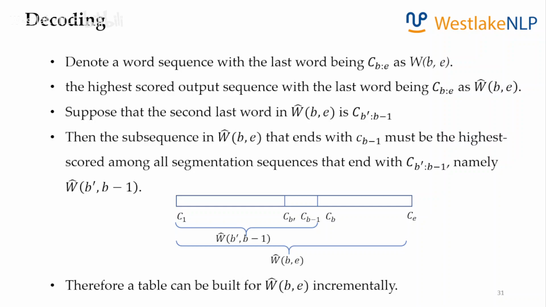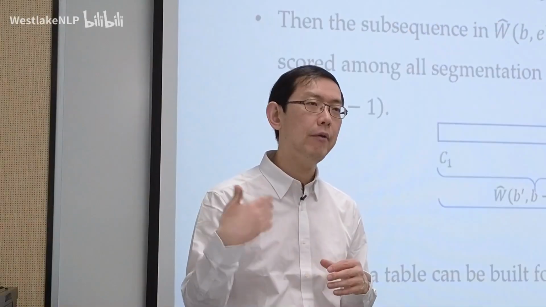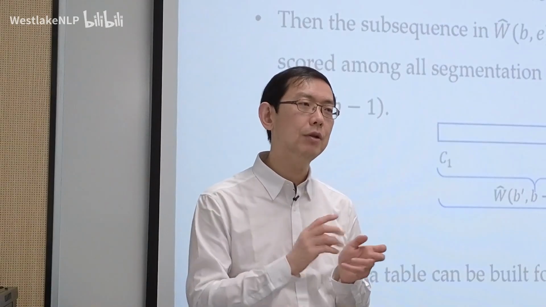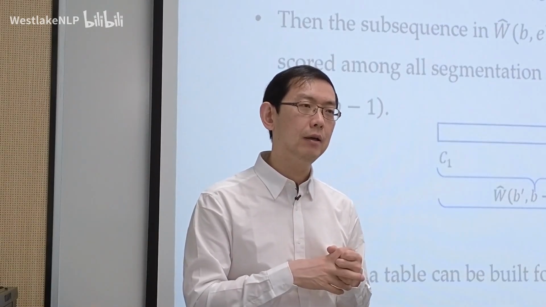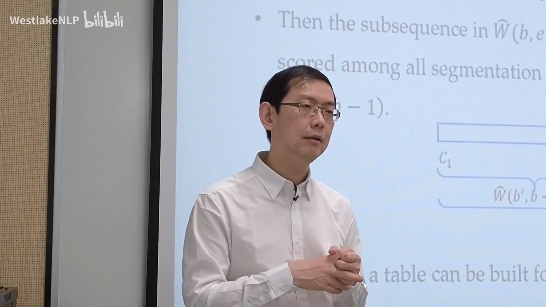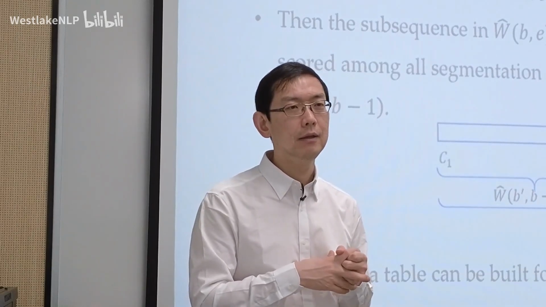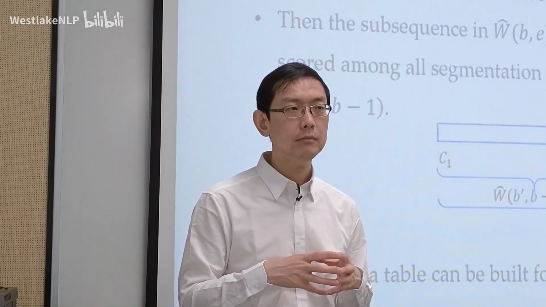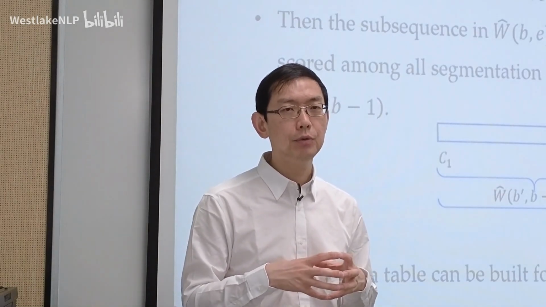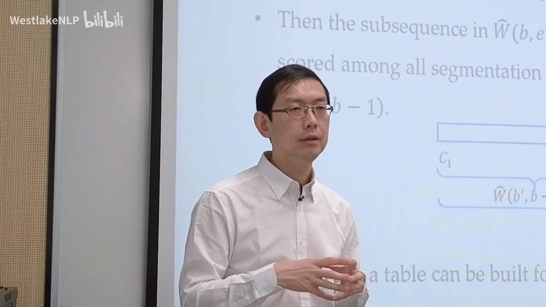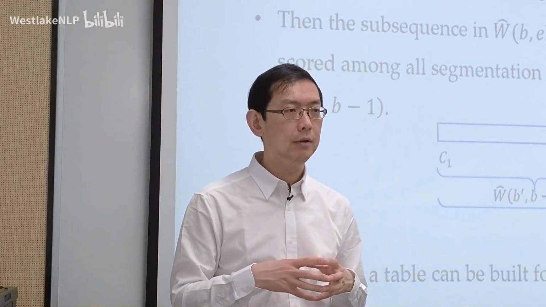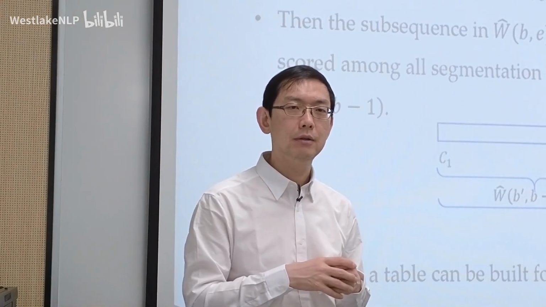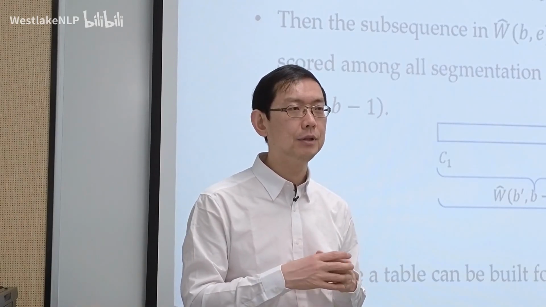For chunking and for named entity recognition, this number can vary a little bit, okay? Something to the power of n. But the important thing is that the number of outputs is exponential. So you cannot use brute force algorithms to find the highest scored output sequence, right?